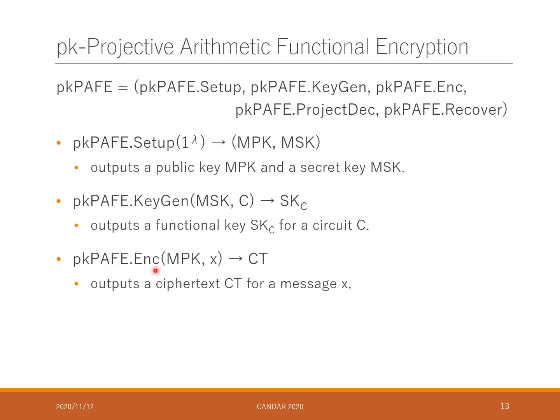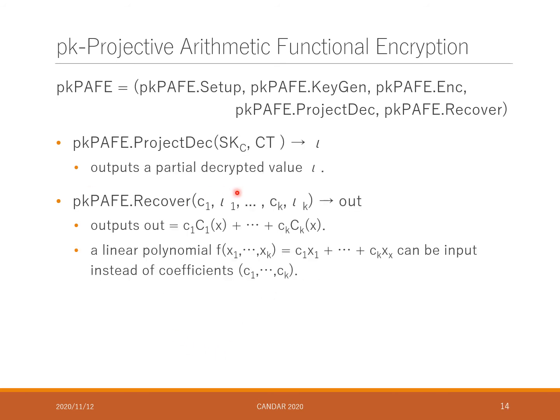Third, the encryption takes a public key and a message X, and computes the ciphertext. The fourth is the projective decryption algorithm. It takes a functional key SKC and a ciphertext, and outputs the partially decrypted value iota.